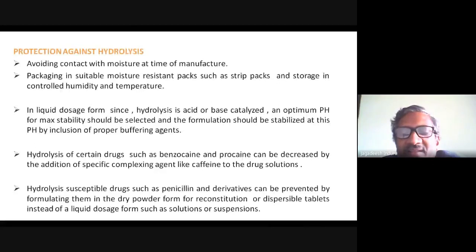In this particular case, you are giving the entire dose which is already measured and placed in the tablet. So the person will not take less or more. In the case of suspension, what will happen? If he feels that the flavor or the color is pretty good, he will take more.